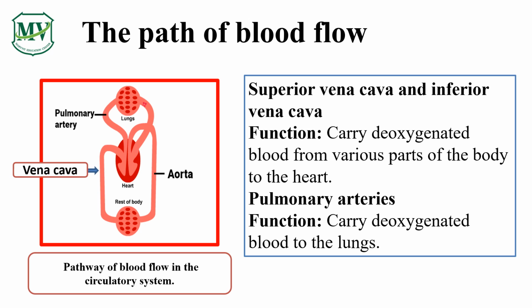Here is another figure that shows the pathway of blood flow. What do you think are the veins that carry the deoxygenated blood from the various parts of the body to the heart? Exactly. The superior vena cava and inferior vena cava carry the deoxygenated blood from various parts of the body to the heart.